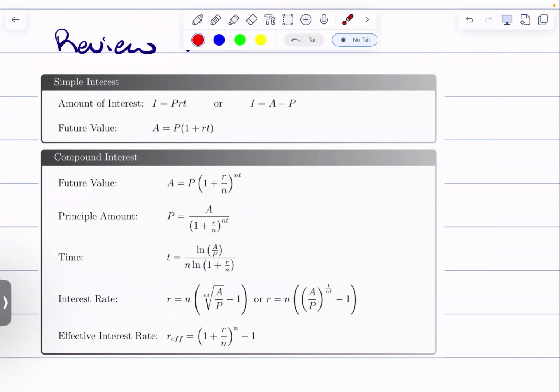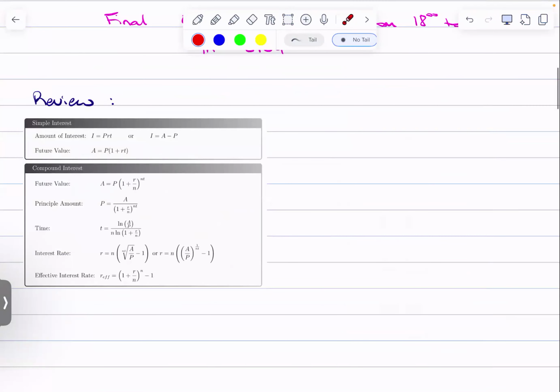And last day we talked about compound interest, right? Adding an element where we're compounding the interest that we've earned or that we owe at each compounding period. Okay. And so let's review what each of these variables are, because they're going to come back to haunt us again today.